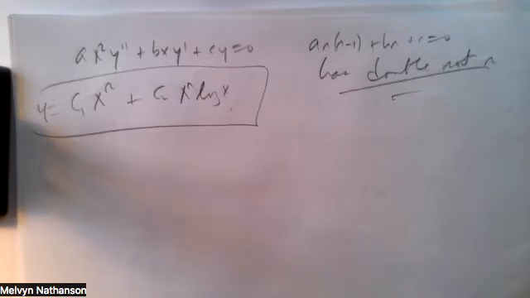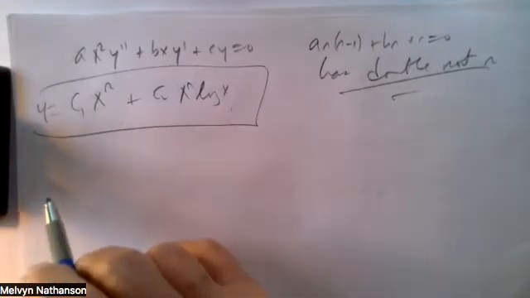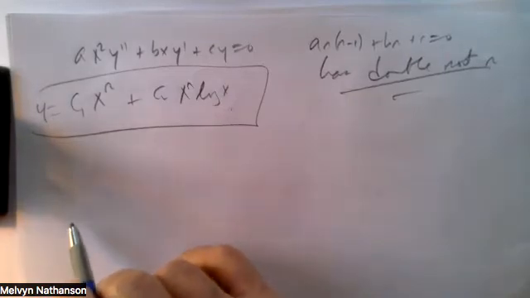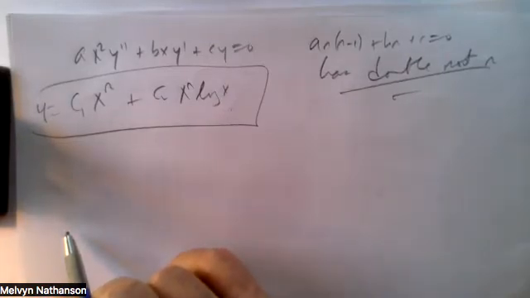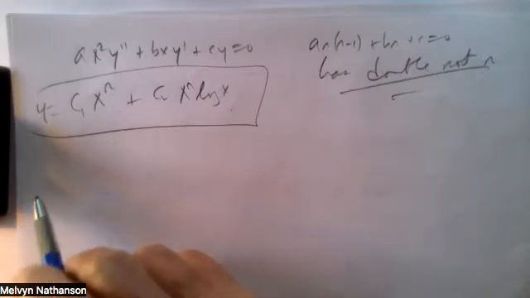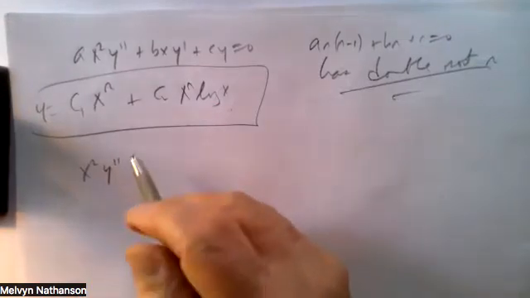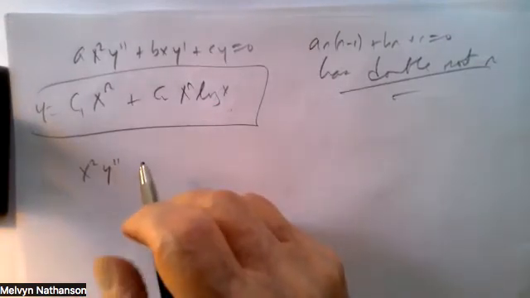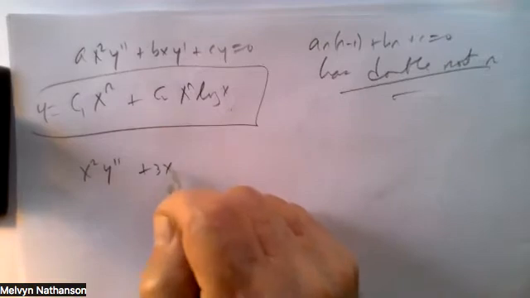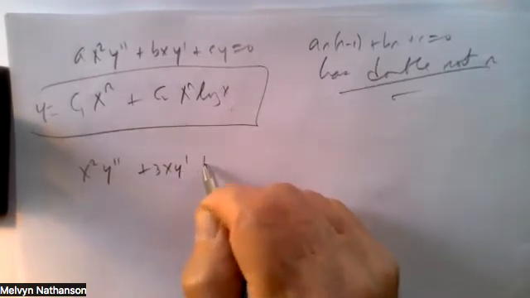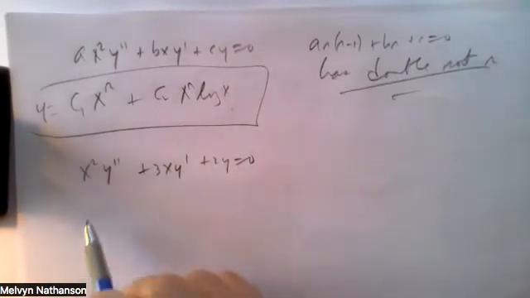So what about the third case? In the third case, you have a pair of complex conjugate roots. So let's look at that. Here we have another example, x squared y double prime plus 3xy prime plus 2y equals 0.